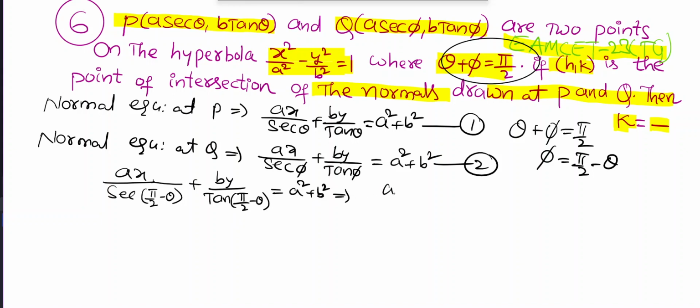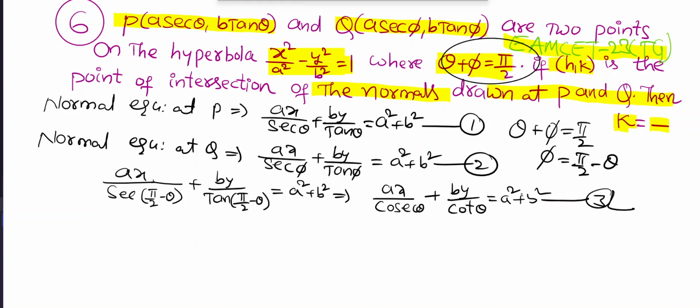From this, ax by sec of 90 minus theta, this is cosec theta, plus by by tan 90 minus theta, this is cot theta, is equal to a square plus b square. This is the third equation. Solving the first equation and the third equation, we get the value of k.